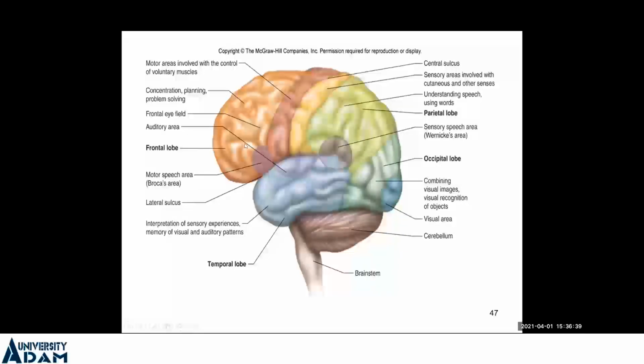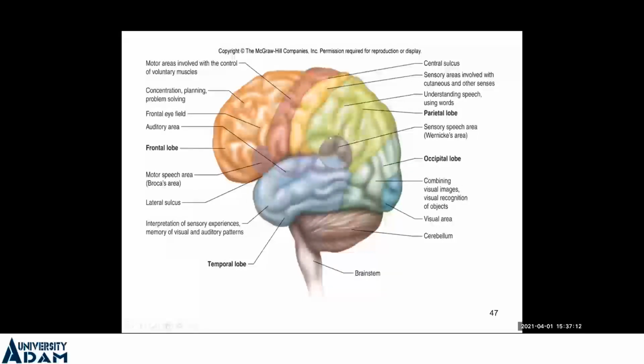So that's why we have two areas which we call Broca area and Wernicke area. Here Broca area is the motor speech area and Wernicke area the sensory speech area. If the lesion is here, we call it Broca's aphasia or motor aphasia, when the patient understands the speech but cannot talk.